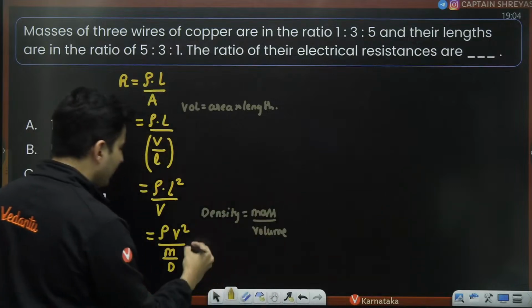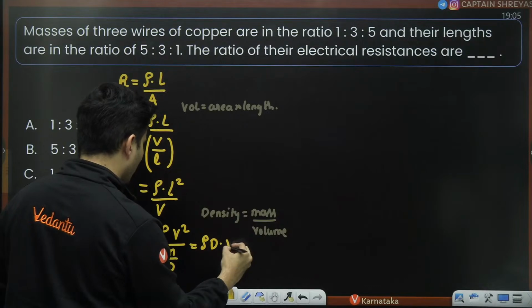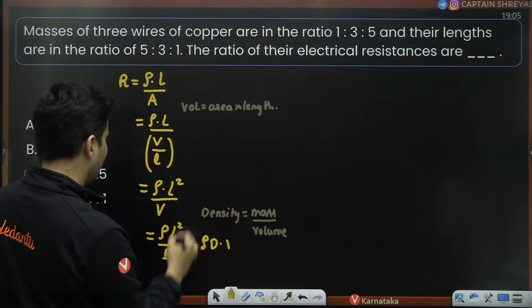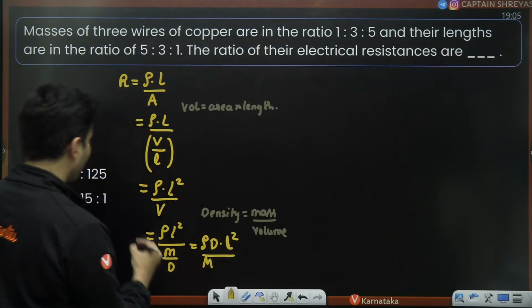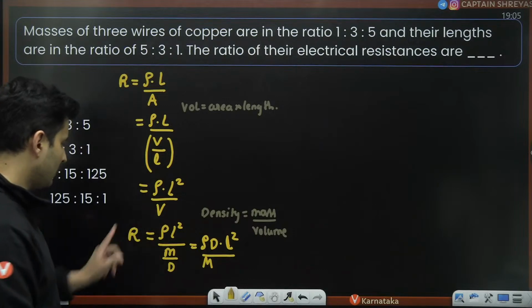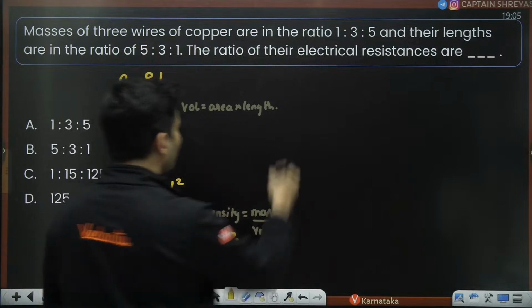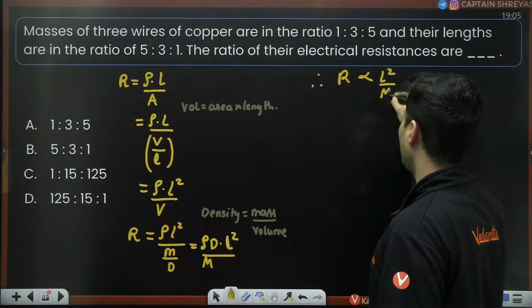So resistance is rho d into L square by m. Resistance depends on length and also on the mass. So resistance is directly proportional to L square by mass.